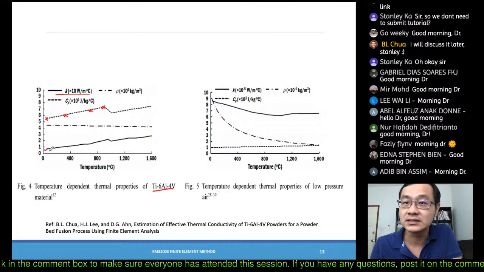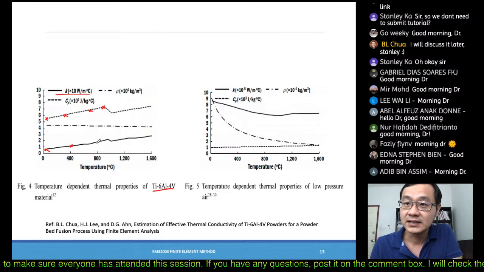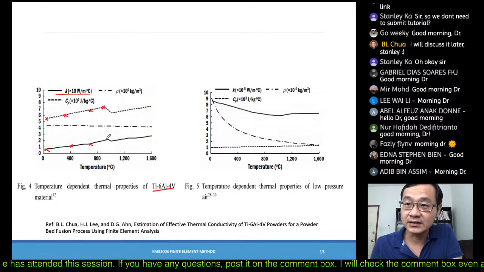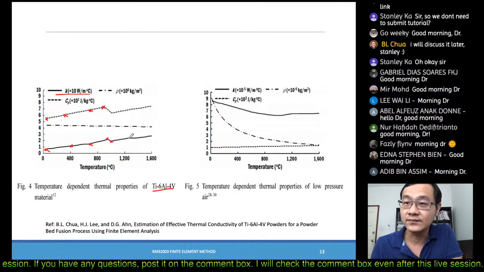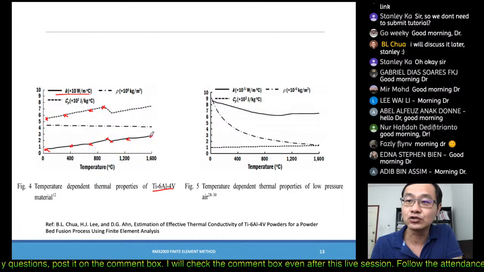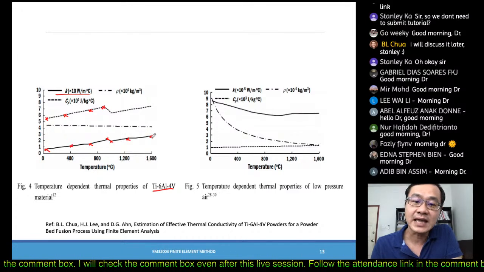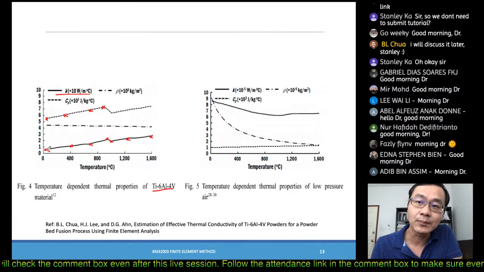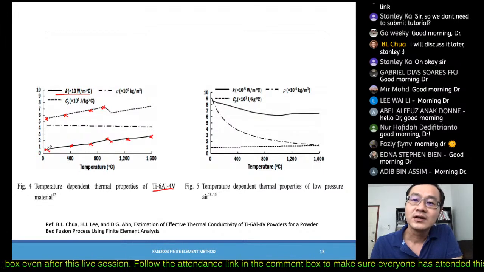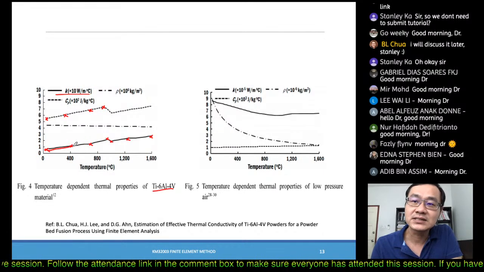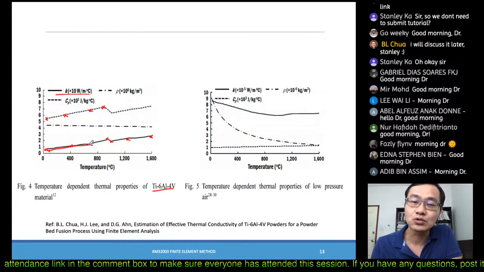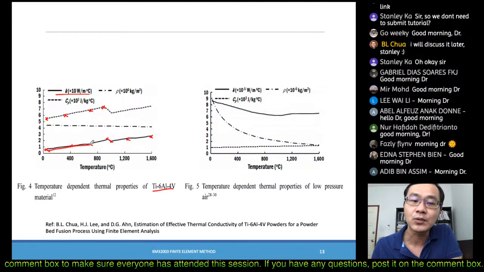So your data could consist of several points. It's okay when you enter it into the FEA software, because they will do an interpolation. Within this range they will interpolate between these two points. The software itself will do the interpolation for you.